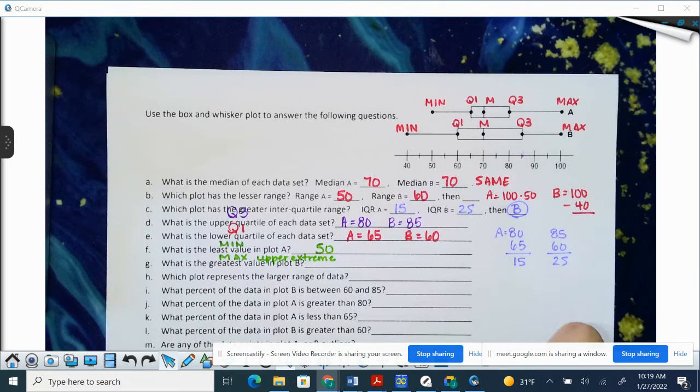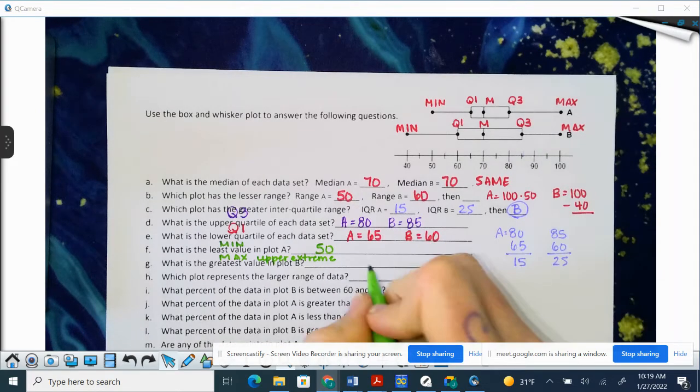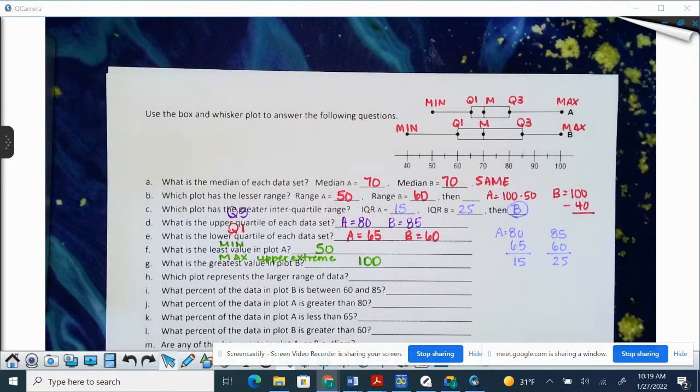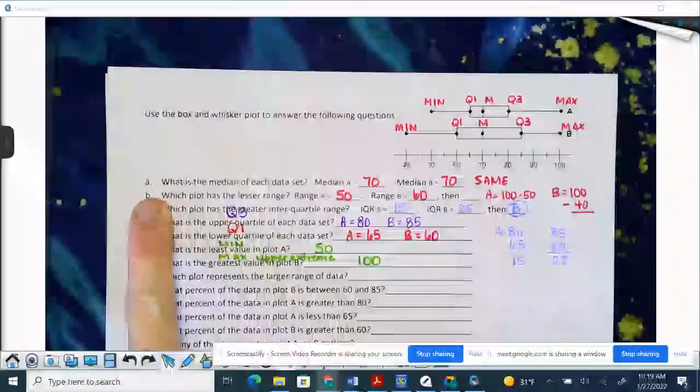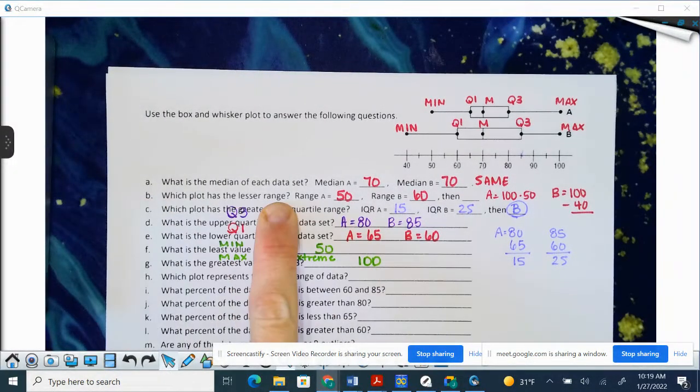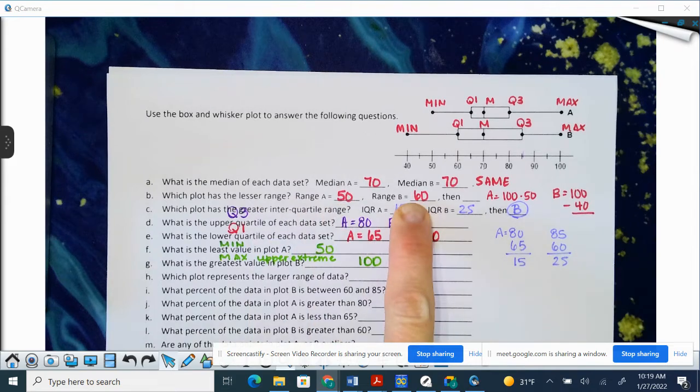So max and upper extreme are the greatest value for B. So it's going to be 100. Which plot has the larger range of data? The same question as before, but instead of lesser range, it's the greater range. So plot B has the greater range.